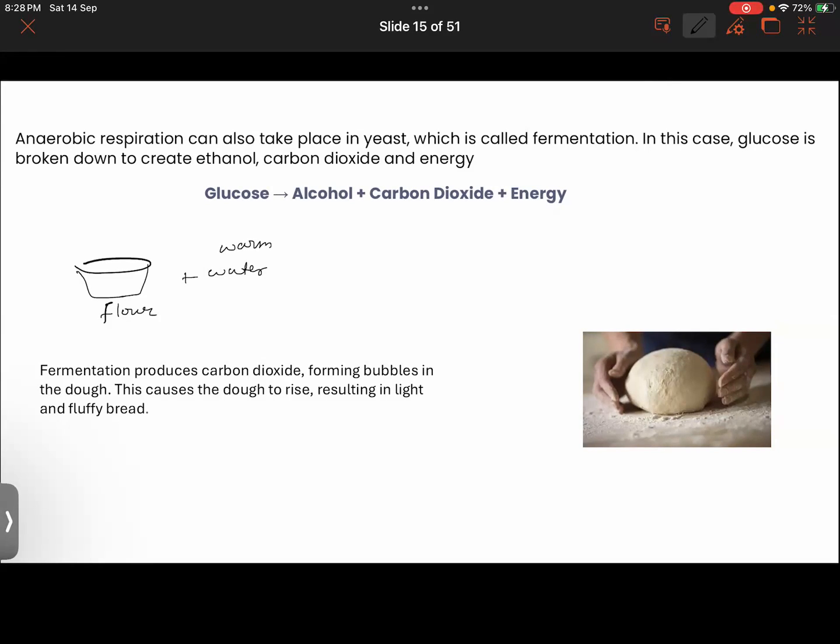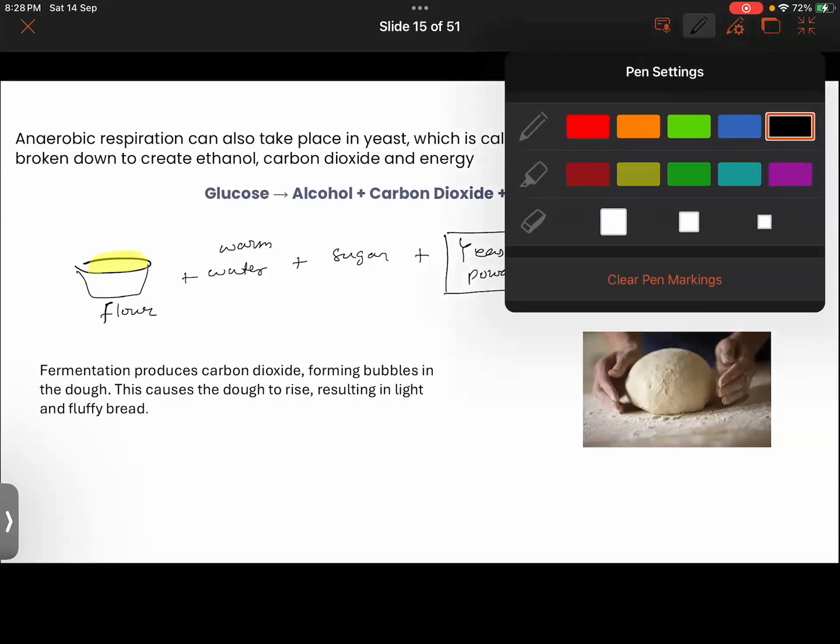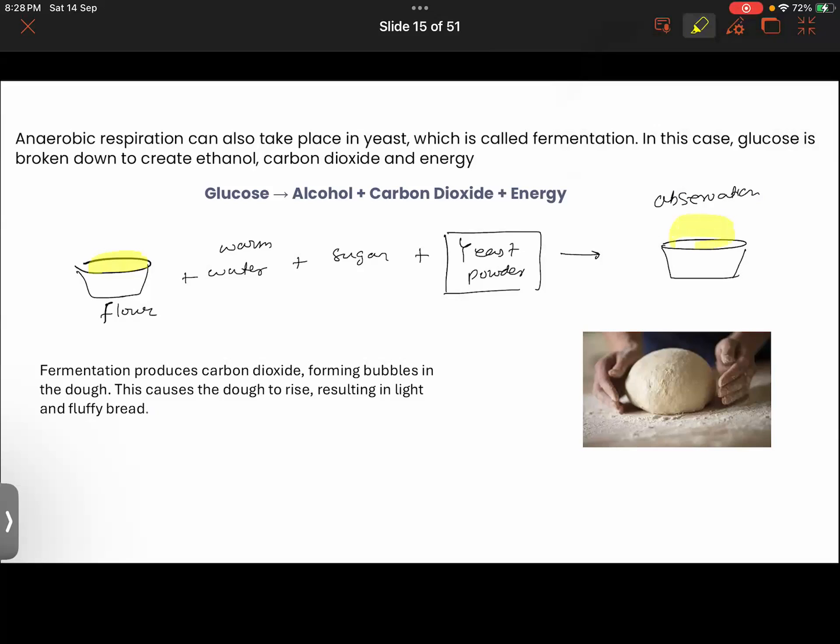I have taken some sugar in it. Plus, the most important thing, I have added yeast powder in it. So, what do we observe? Our observation is that if this was the size of the whole mixture earlier, after a few minutes it will rise and its size will become bigger like this.